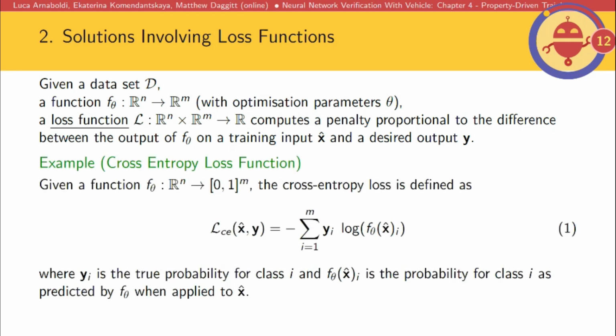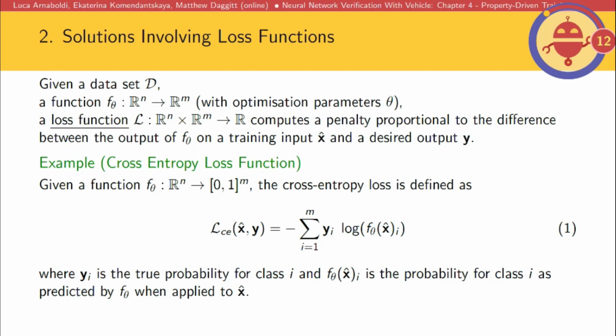For example, this is the most famous and common loss function used in machine learning: cross entropy. Cross entropy assumes that your neural network is from real numbers to vectors with values between 0 and 1. I'm putting this definition here just for us to map the general type of loss function to something that is classic in machine learning. So the loss function takes x and y of the types Rn and Rm, and gives us a formula that will eventually give us a real number.